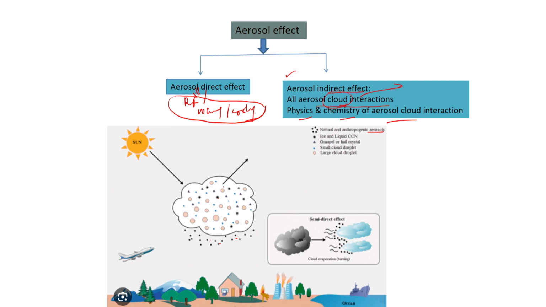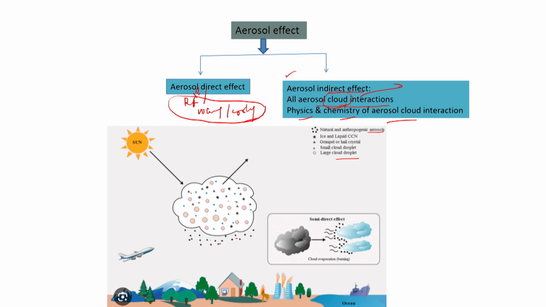These are the smaller cloud droplets, the green ones, or you can have larger cloud droplets. Then you can have larger effects. Now what is happening here? When this radiation interacts, now you have a system.